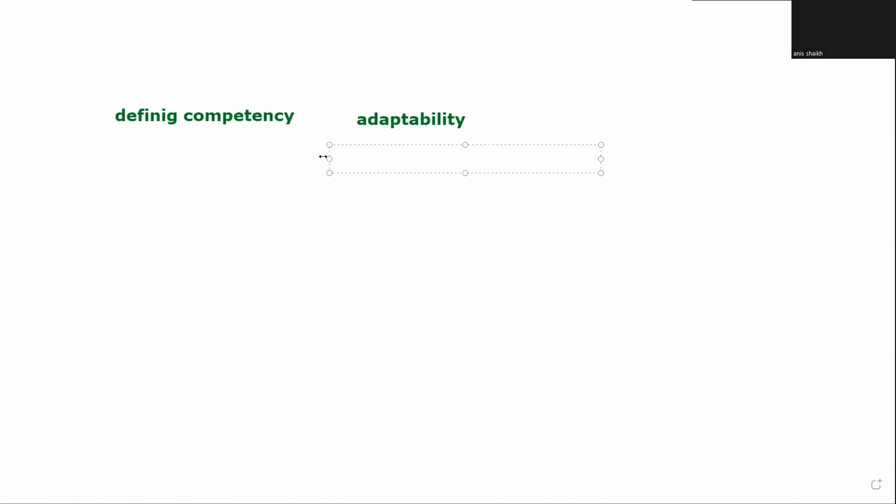It is flexibility. Flexibility, adjustability. It could be with regard to a situation. Flexibility to learn. It could be people.